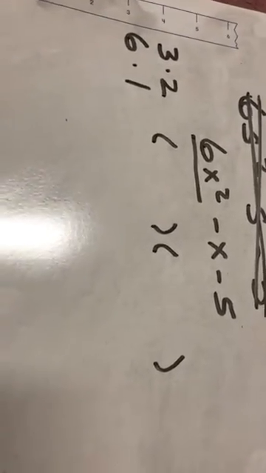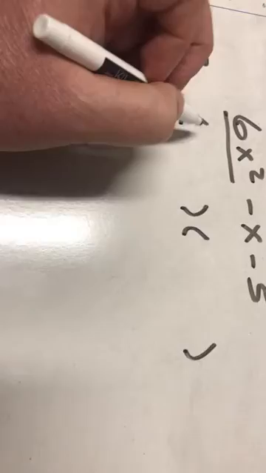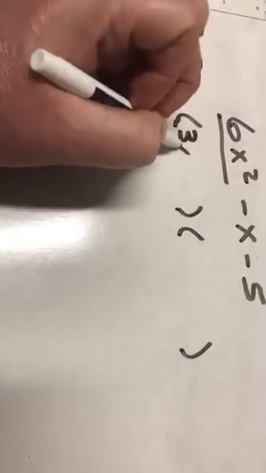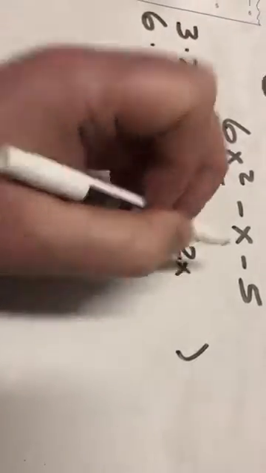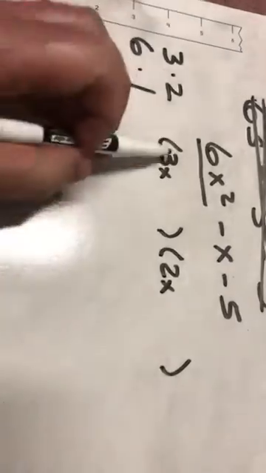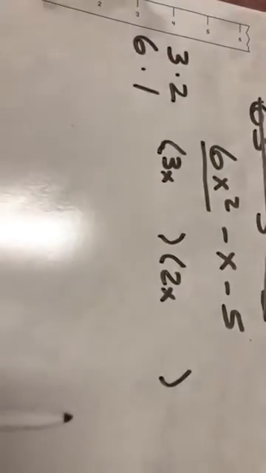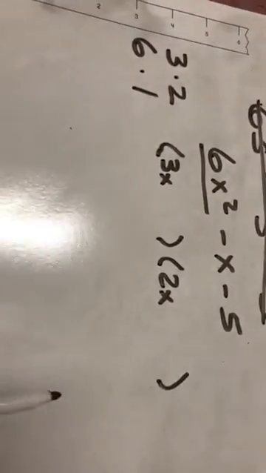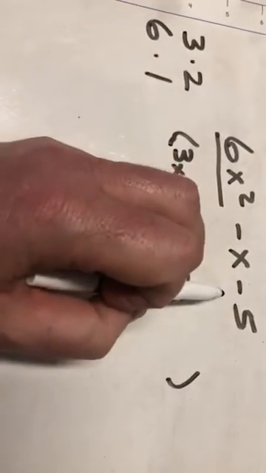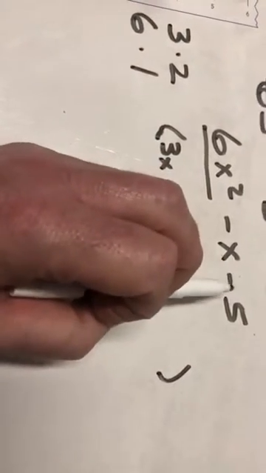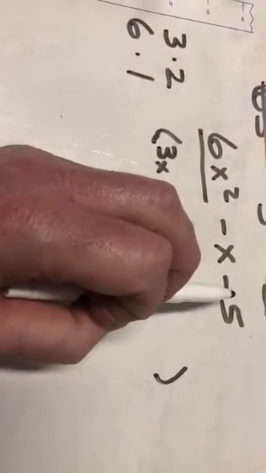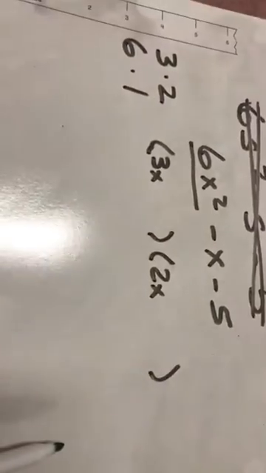All right, so let's see what happens with 3x and 2x, because that's where I would get 6x squared. 3 times 2 is 6. The x and the x make x squared. Now that I'm doing this, I'm thinking, okay, I need two numbers that multiplied together equal negative 5.